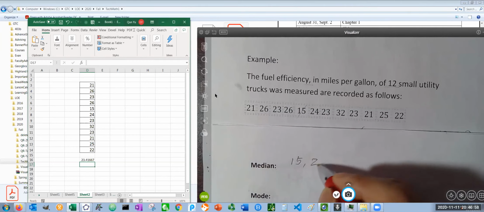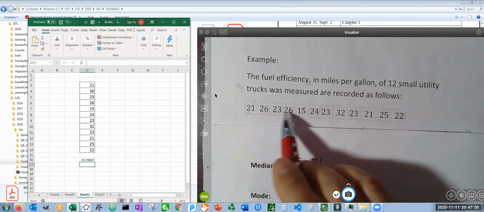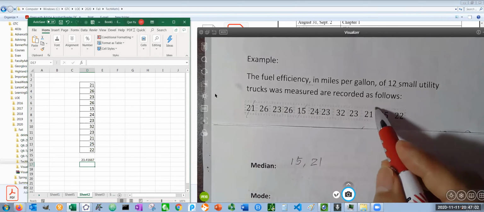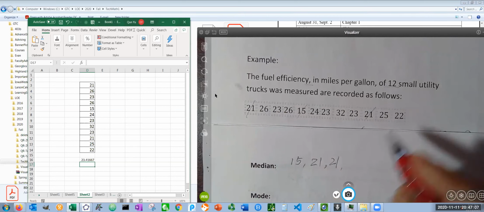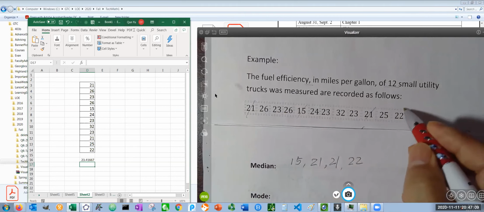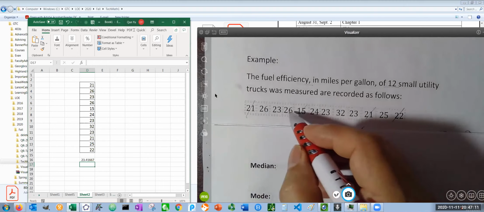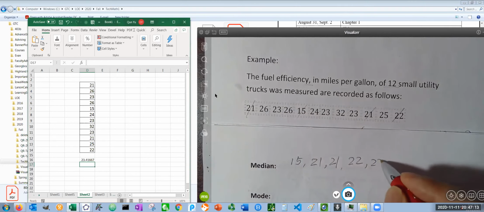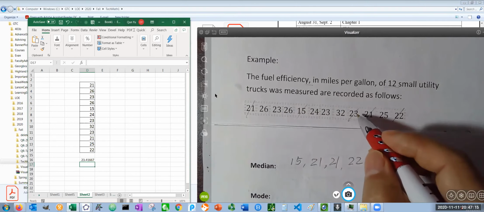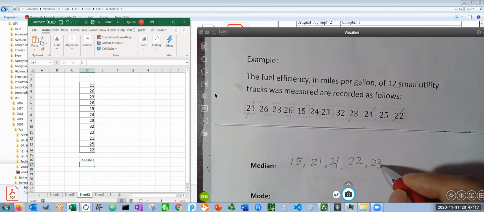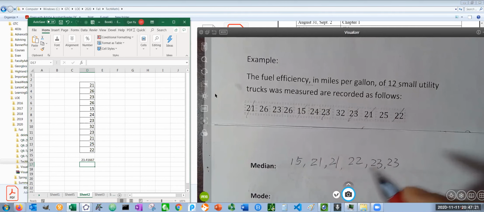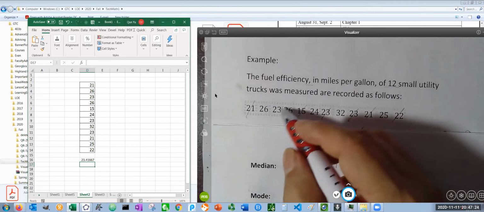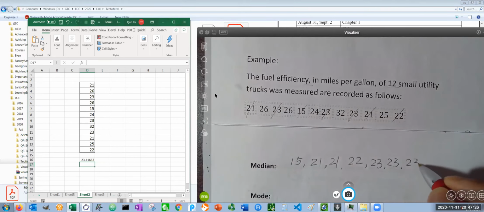So 21, 21. Then 22, which is gone. Now 23. I got 1 already, another 23, and another 23. Just be careful.